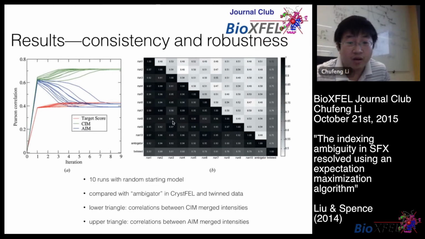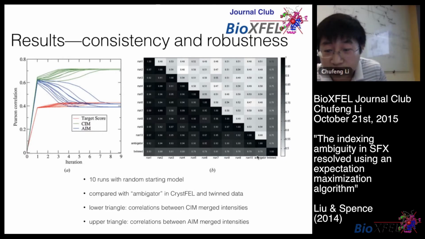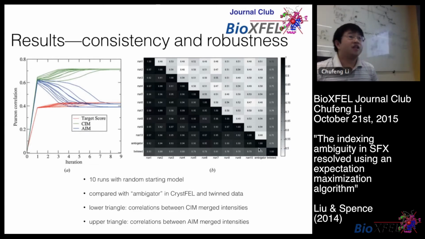Almost all of them are above 0.9, indicating very good consistency for the EM algorithm. And also, the correlation between this EM result and the result from the ambiguator is also good. Here, it's 1, indicating that the EM is consistent with this ambiguator in the crystal package.